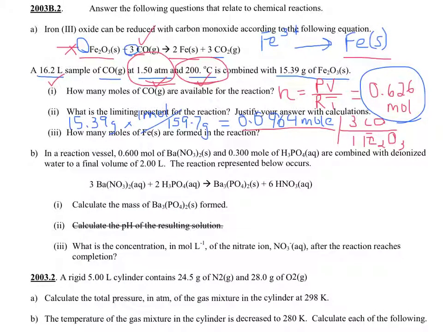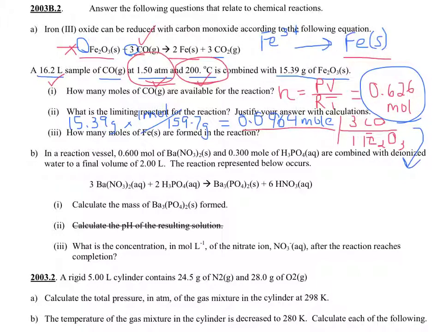So we set up that stoichiometry, the 0.0964 mole of the iron oxide, the 3-to-1 mole-to-mole ratio of carbon monoxide and iron oxide. So our moles of iron oxide are going to cancel, and we wind up with how many moles of the carbon monoxide we need.